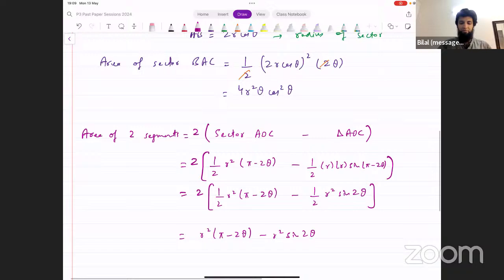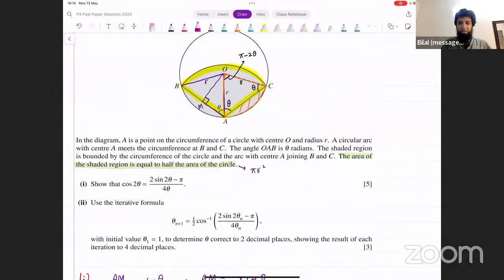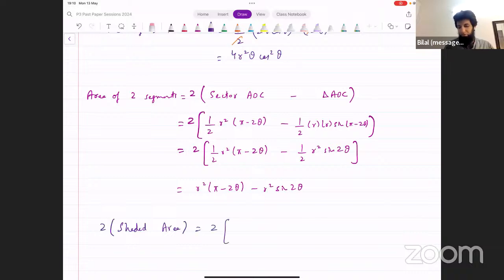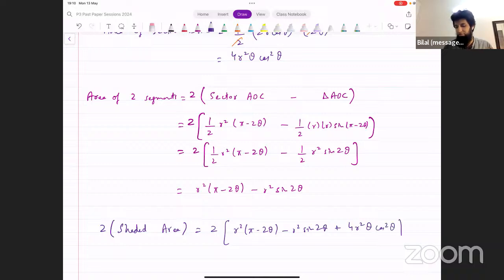Now, once we've got the area of the segments, we add the area of these 2 segments with the area of that sector that we calculated earlier. Let's see what we get from that. 2 times the shaded area is R squared into pi minus 2 theta minus R squared sine of 2 theta, plus area of that sector that we found earlier, 4R squared theta into cos squared theta.